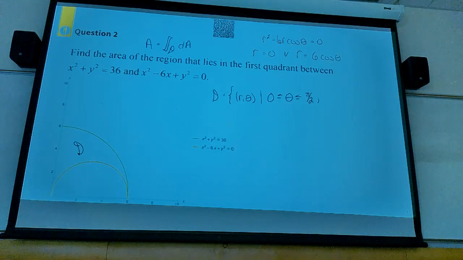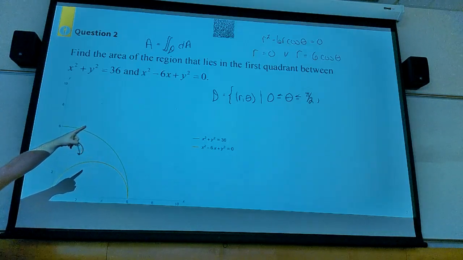Got an r right. r times (r minus 6 cosine theta) is 0. That gives you two options for r: r is 0 or r is 6 cosine theta. r can't be 0 because that's the origin, which clearly this curve is not. That means this curve in polar is 6 cosine theta.